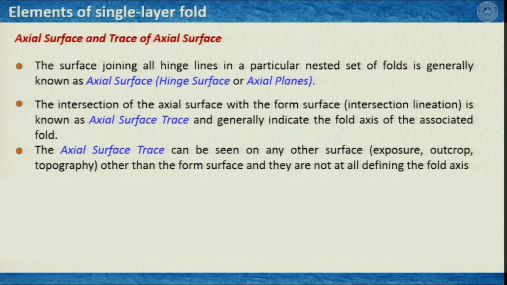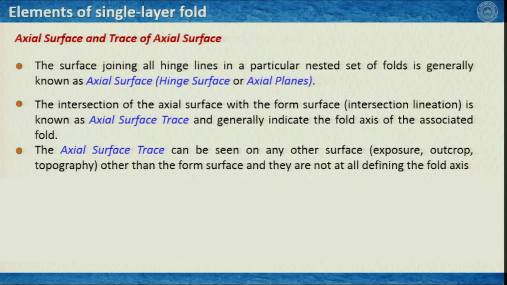Now, the intersection of the axial surface with the fold surface is a kind of intersection lineation, because two planes intersecting each other produce a line, and we learned from our lineation lecture that this is an intersection lineation. That particular lineation on the folded surface is known as the axial surface trace, and it generally indicates the fold axis of the associated fold. We will see this in the illustration.